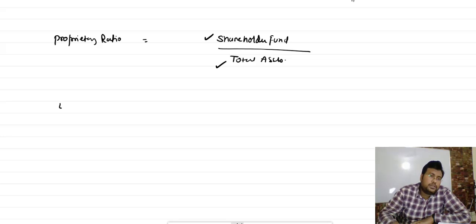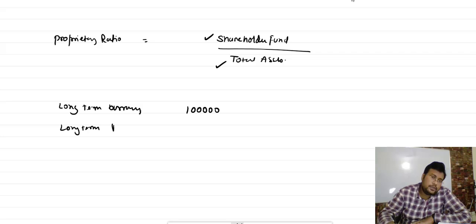So suppose in the question, long-term borrowings is given 1 lakh rupees. Long-term provisions is given 50,000. Your current liability is given 25,000.